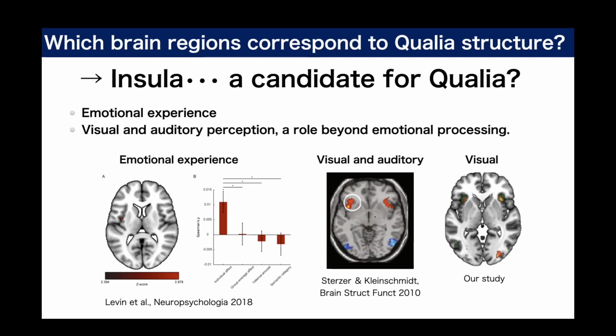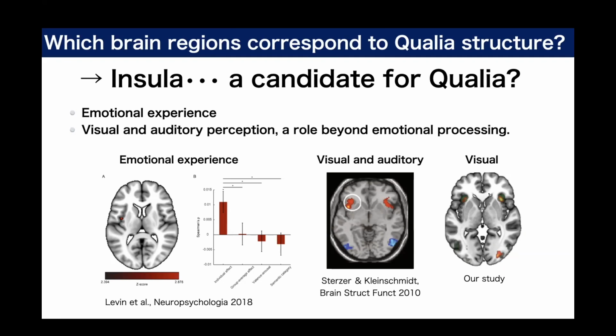And here it shows that for visual processing and auditory processing, when participants are aware of the visual and auditory stimuli, the insular is activated. And these regions are often ignored in past visual studies.